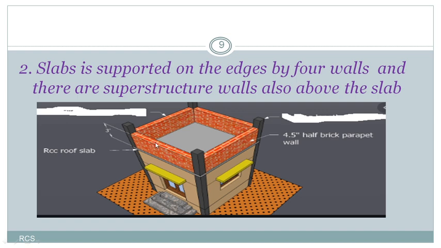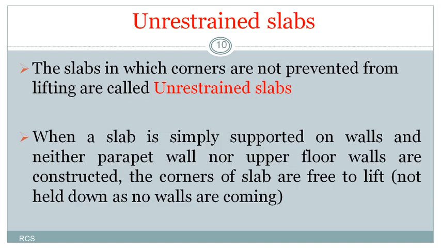That floor will restrict the lifting of a corner of the slab, right? So these are the two ways of preventing lifting of corners in the slab, and these slabs are called restrained slabs.